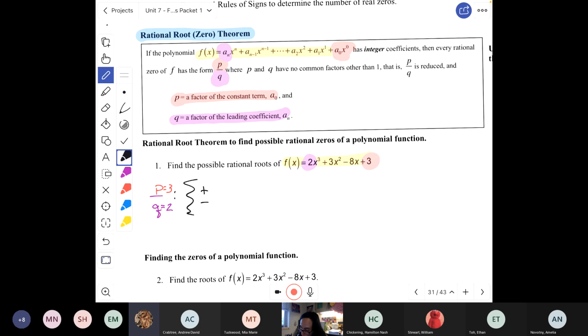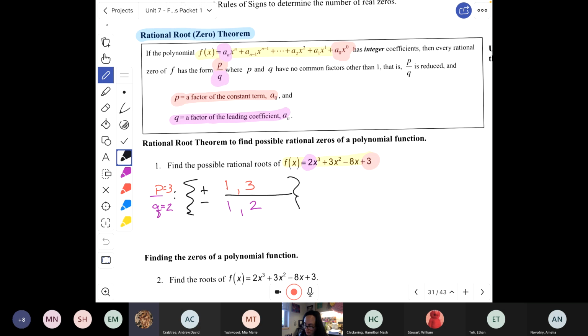So if I think about all of the possible factors of 3, what would they be? Well, they would be plus or minus 1 and plus or minus 3. If I look at all the factors of Q, they would be plus or minus 1 and plus or minus 2.